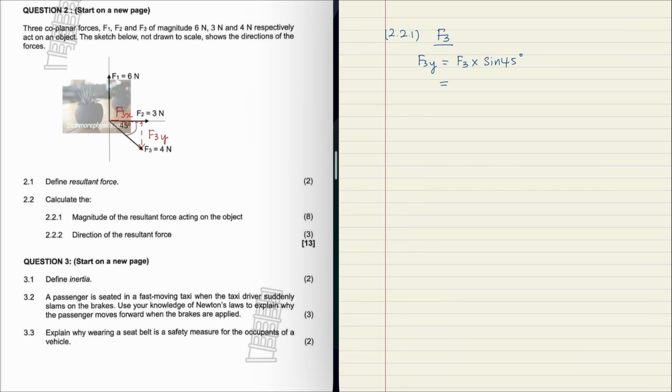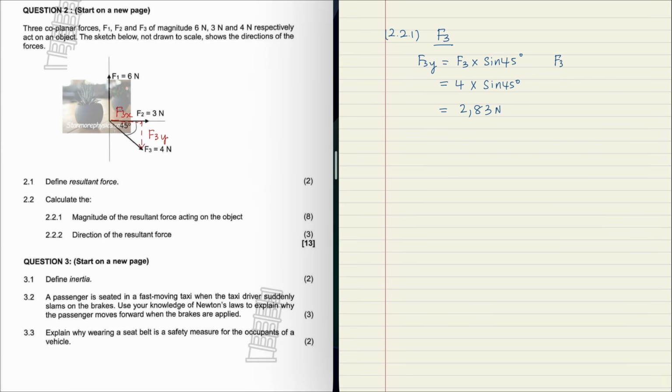F3 is 4, so 4 times sine of 45 degrees. That gives us 2,83 newtons.